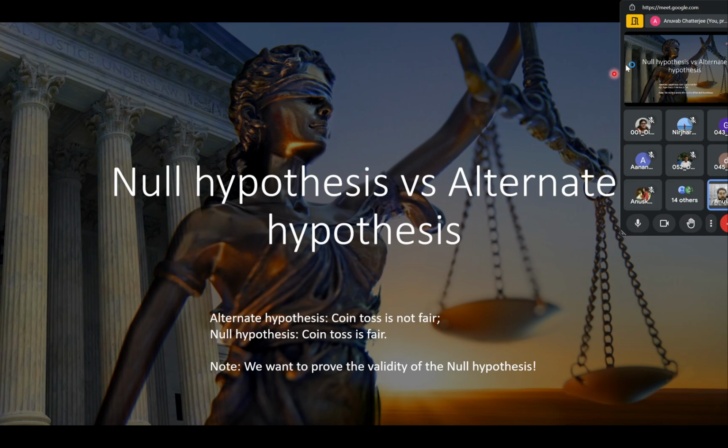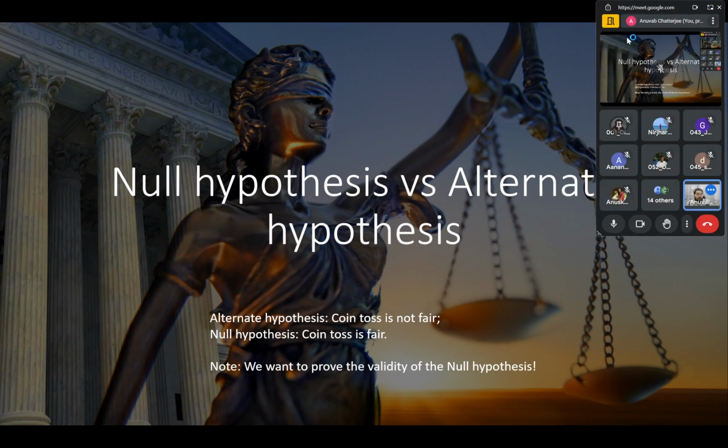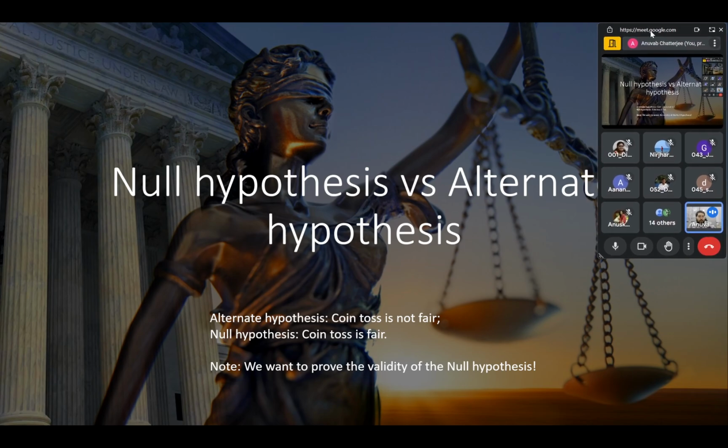What we want to prove here is that the coin toss is not fair. So our null hypothesis would be that the coin toss is fair, and then we test the validity of the null hypothesis, whether it is true or not.